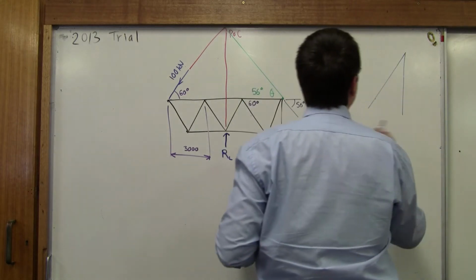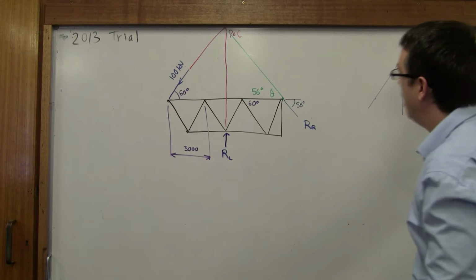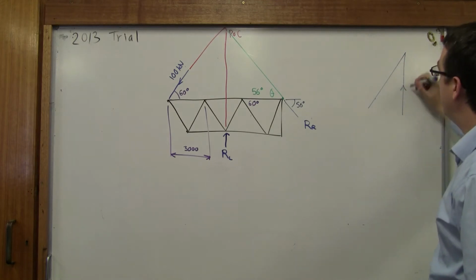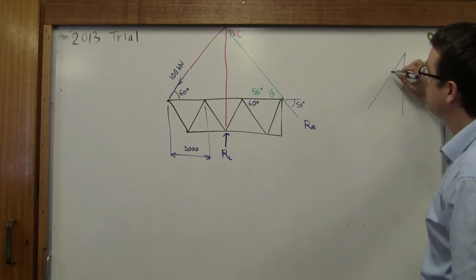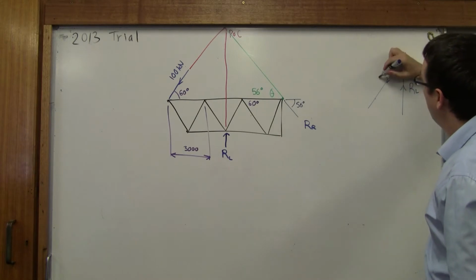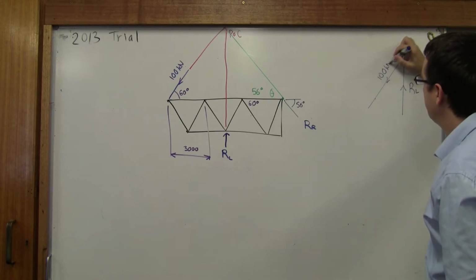Close enough. Okay. So I've said this one here is going up. That's RL. This one here's going down. It's going to be 100 kilonewtons.